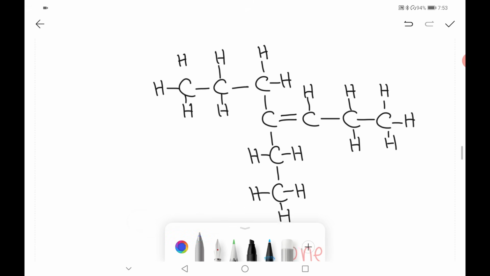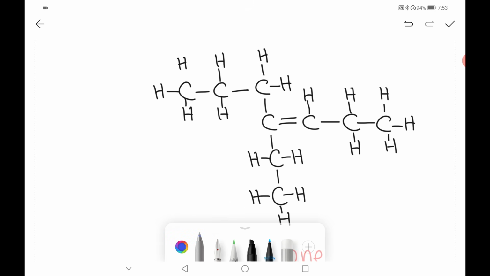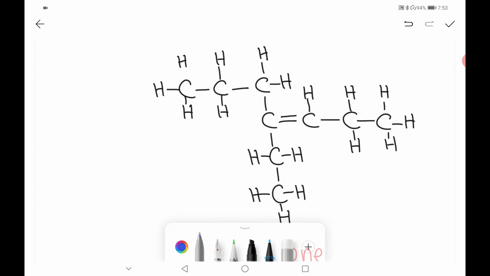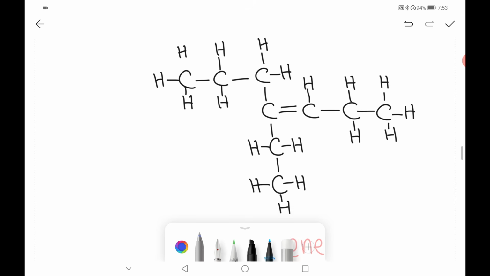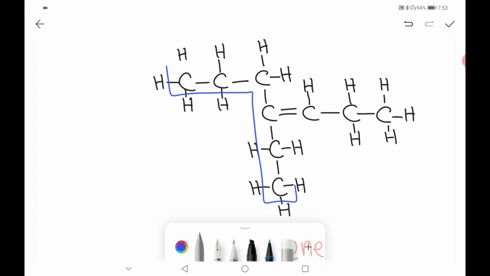Then we need to find the longest and continuous carbon backbone. Many students will choose this one here, but you have to be careful, it is not correct. Why? Because if you look at this one, it is 1, 2, 3, 4, 5, 6, only 6 carbon.